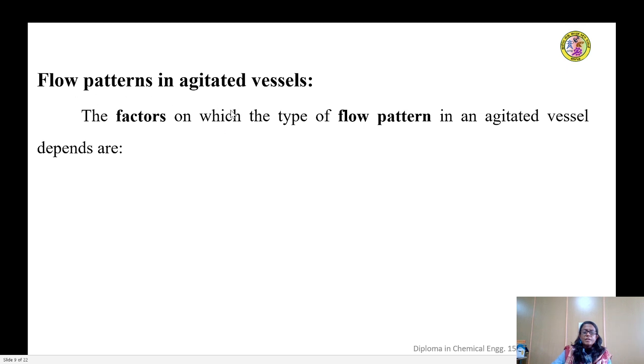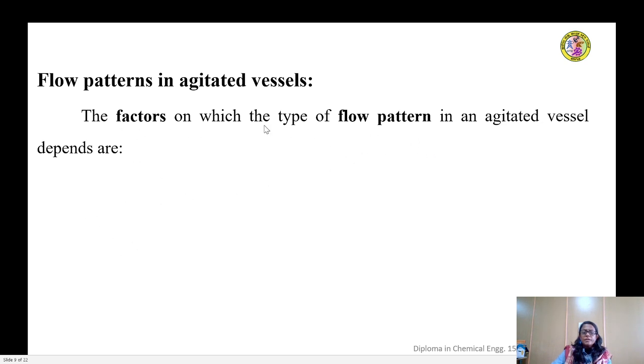So it is very important that the agitation is done such that the entire mass gets mixed in a suitable manner. If a suitable flow pattern is created, then only the mixing of the liquids will occur properly.